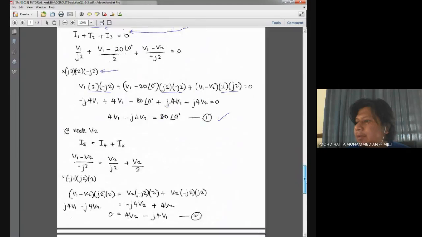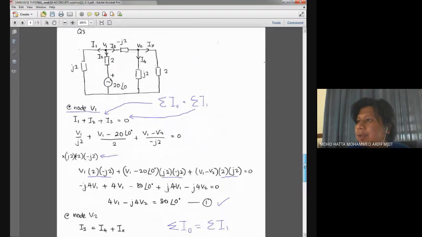That's why here we have I3 equals I4 plus IX. In the second line, I use the same strategy as above. I3 is given by V1 minus V2 divided by negative J2, I4 is V2 divided by J2, and IX is V2 divided by 2.